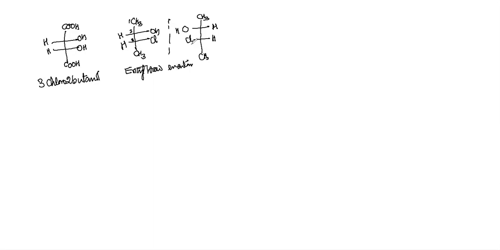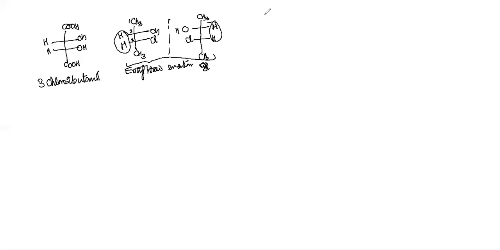And these two, where the H is on the opposite side, is called threo isomer. Oh, sorry, not this. These two are erythro isomers, where both the H are on the same side.